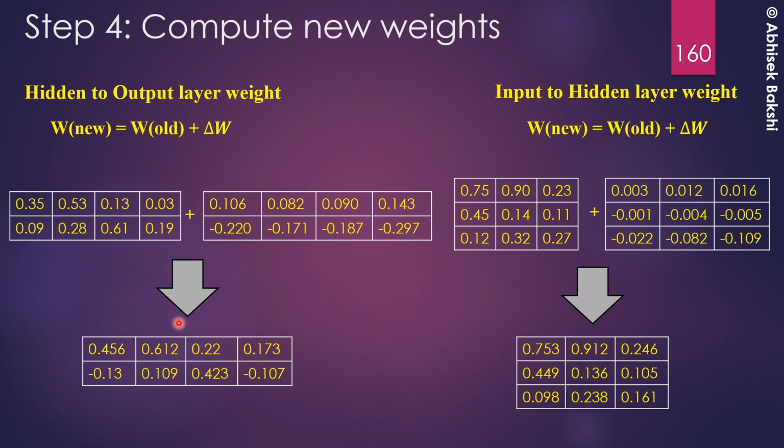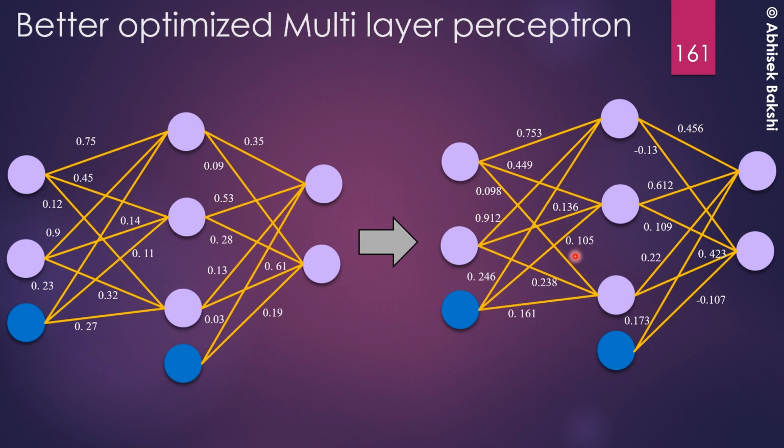If you add them, you will get the new W. Similarly for the other set, you will get a new set of W. With respect to the architecture, 0.75 will become 0.753, 0.45 will become 0.449, and 0.12 becomes 0.98. In this way, the weights are adjusted.